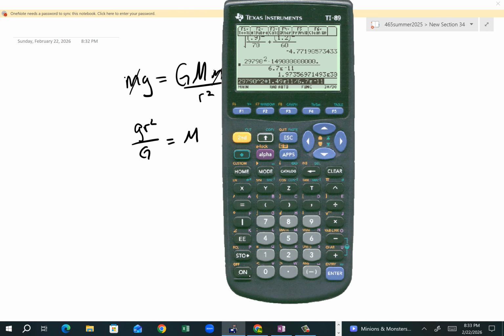So that'd be 9.8 times, parentheses, 6.4 E6, squared, divided by big G. And there's 6 E24, and that's how you could find the mass of the Earth. Lots of cool stuff like that that a guy could, in fact, do.